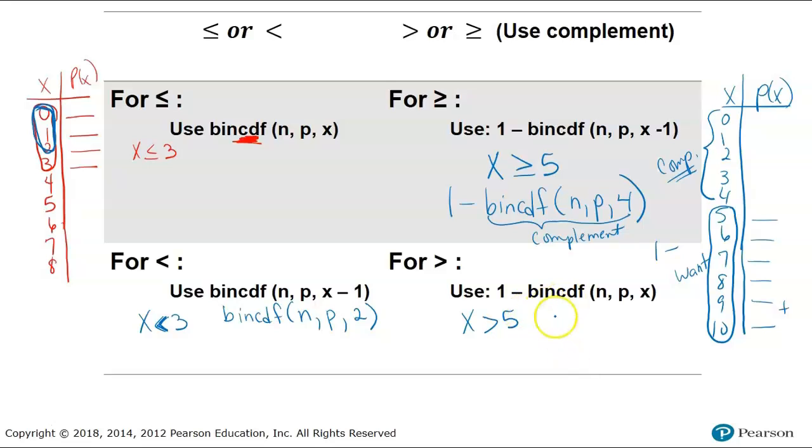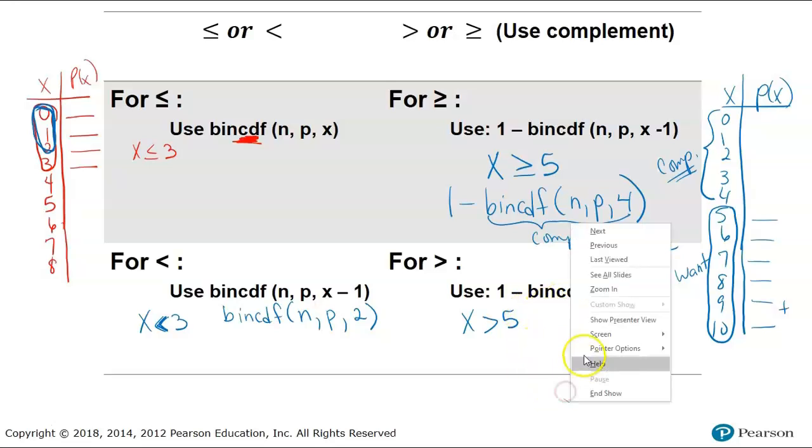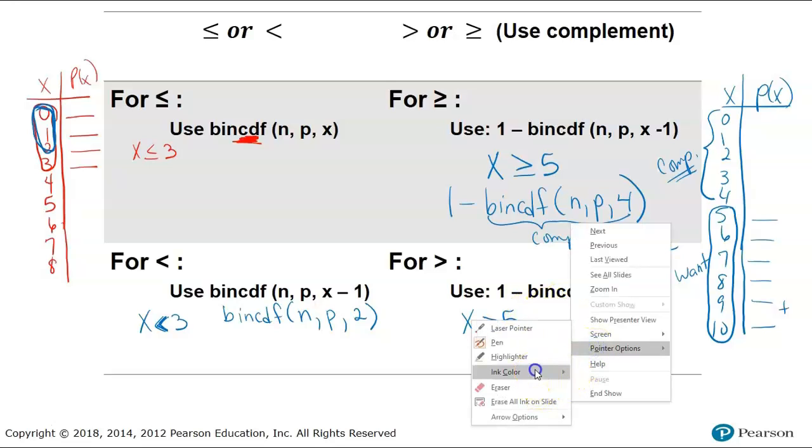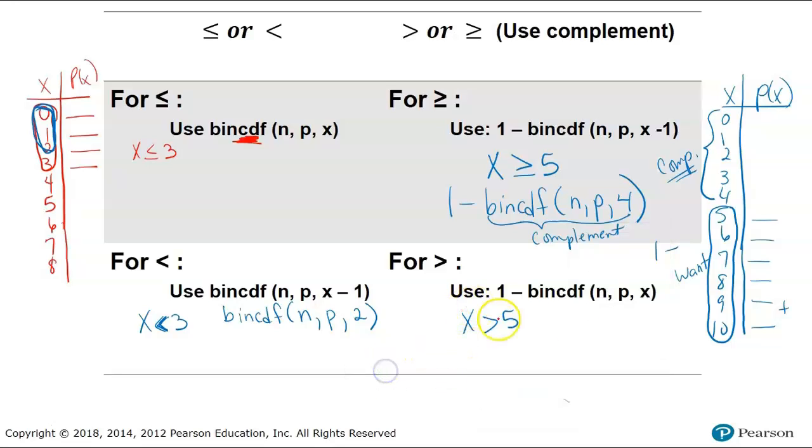Okay, on this one, if I'm looking at something like x is greater than 5, again, I'm going to change my pen color so we can see a little bit better what I'm talking about. Okay. So greater than 5, because we're talking about discrete and there's nothing between 5 and 6, I'm going to start it at 6 and go all the way to 10. So that means my complement this time actually goes all the way down and picks up 5.